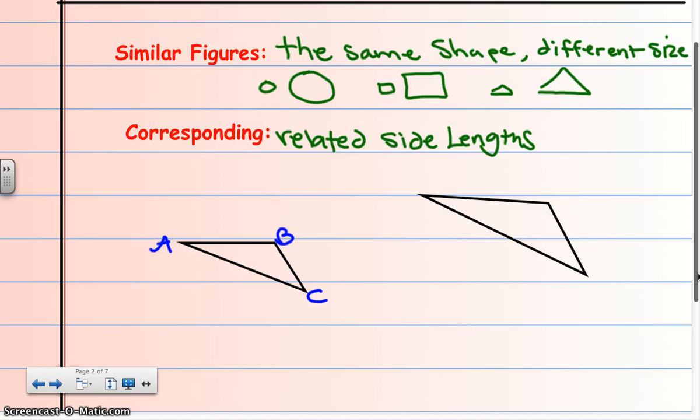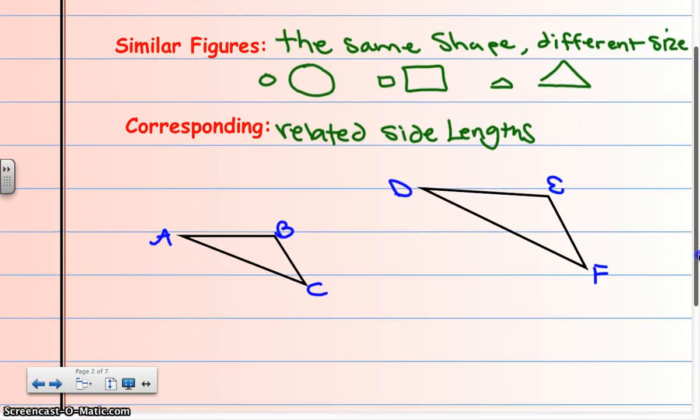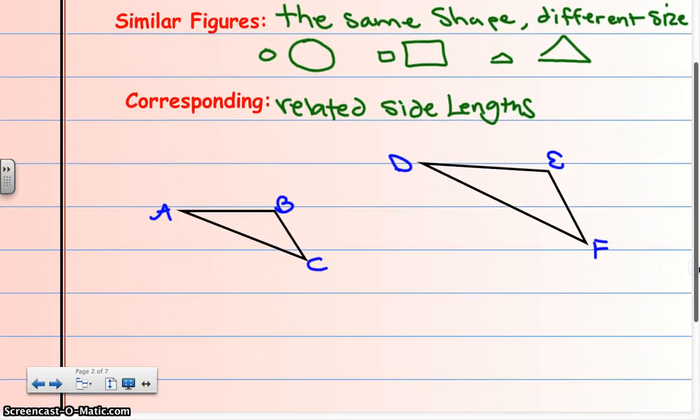Vertex is points. So I'm just going ABC, that's triangle ABC. This is triangle DEF. And when I say corresponding, that means related. So it's like a little matching. It's like if you were to compare the side length.